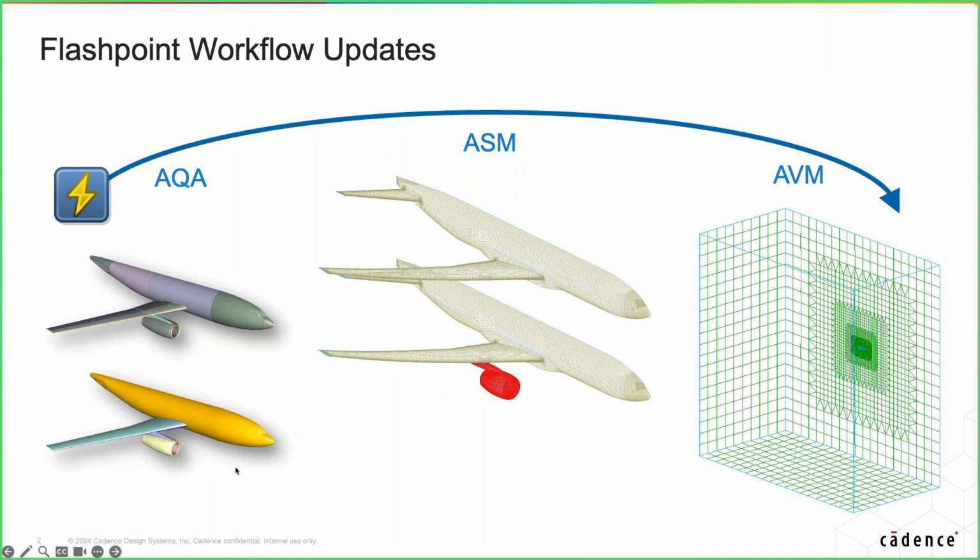And again, more rapidly generate those meshing regions in your geometry. That information and the naming of the quilts that you have in your geometry feeds into the original Flashpoint tool that we released, which is automatic surface mesh here in the middle.